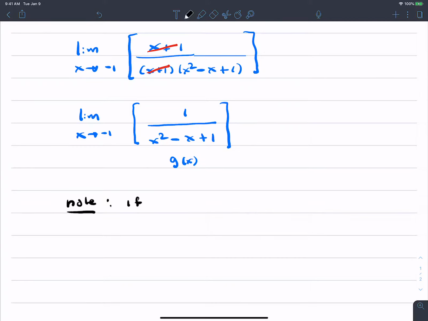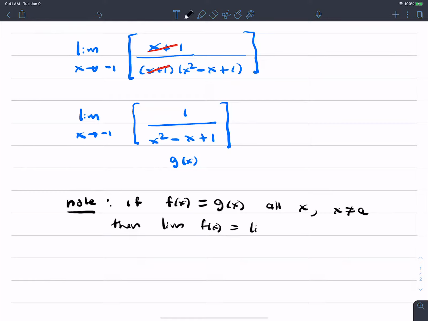So if f of x equals g of x, really for all x but not at a point, then the limit of f is the limit of g, and this is as x goes to a.